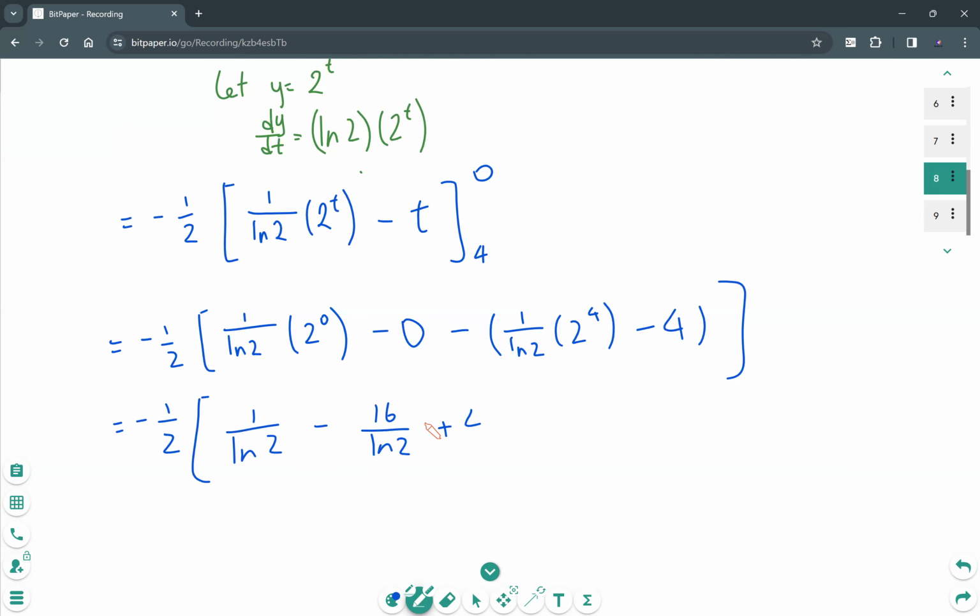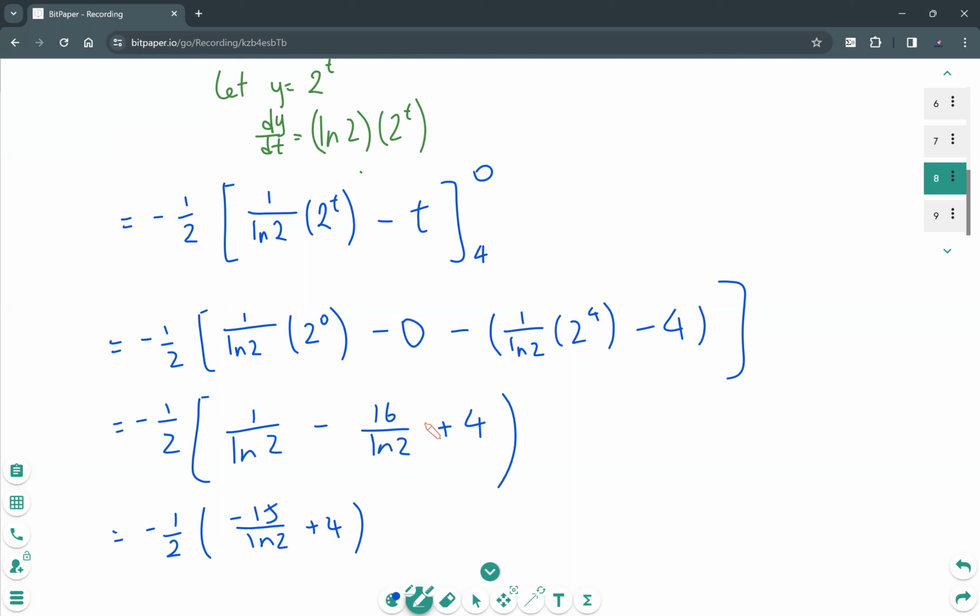Minus makes a plus, hence the importance of the bracket, because minus makes a plus. And then 1 minus 16 over ln2, like a fraction. My Year 7s would know this, which is minus 15 over ln2, and then plus 4.